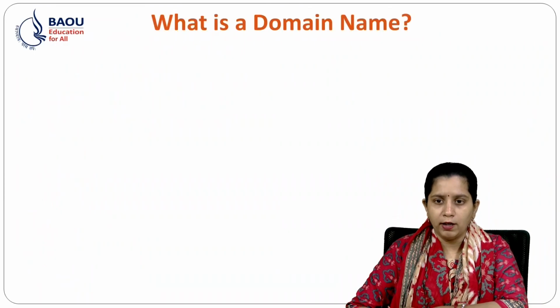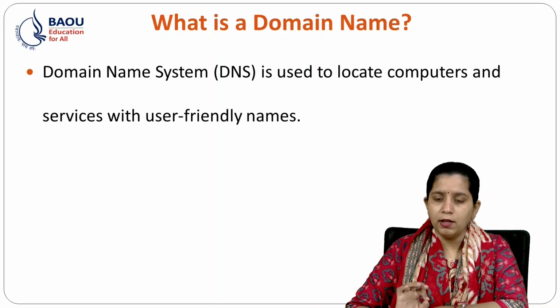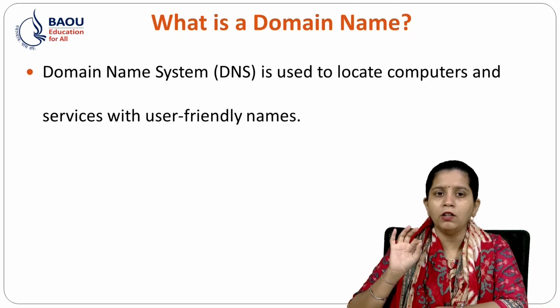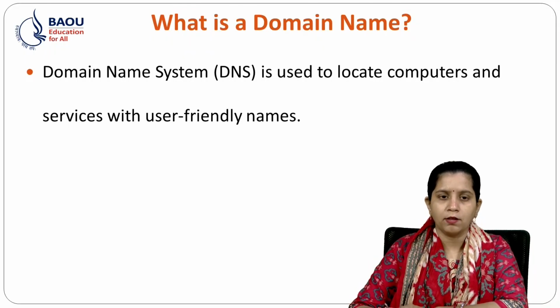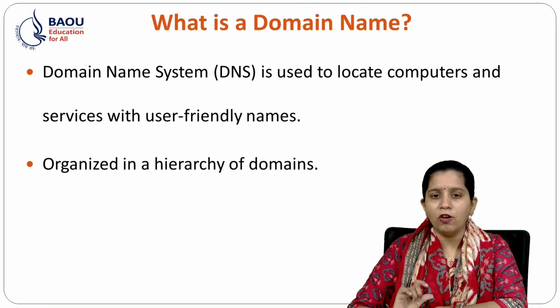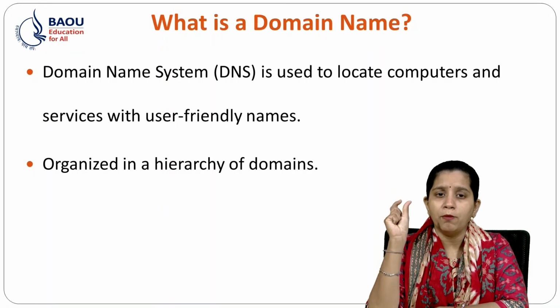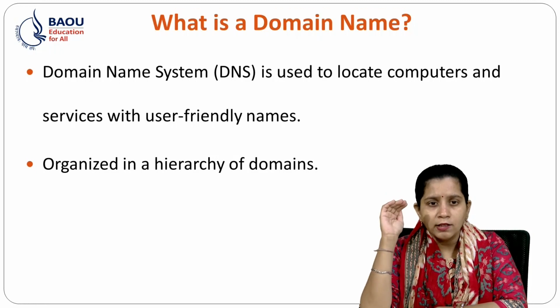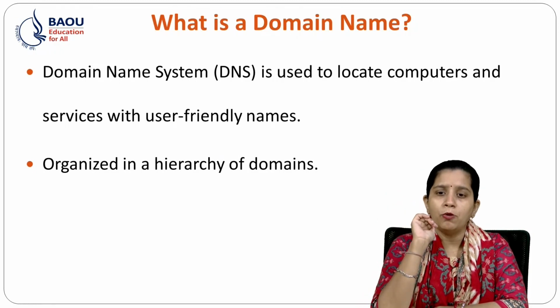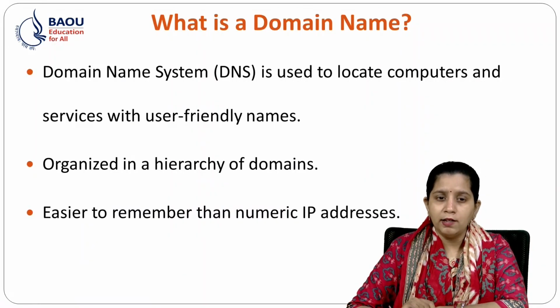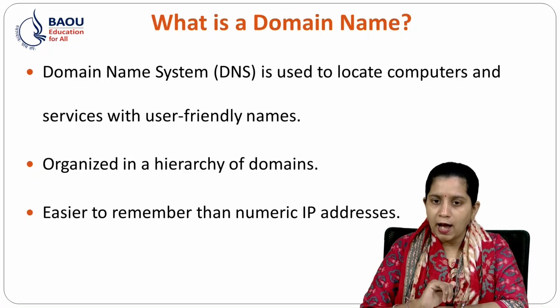So what is a domain name? The Domain Name System is used to locate computers and services with user-friendly names, organized in a hierarchy of domains. For example, Google is a domain name. It is easier to remember than a numeric IP address.